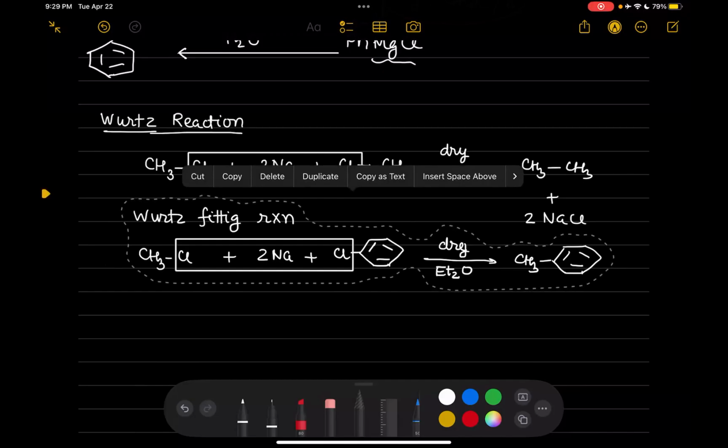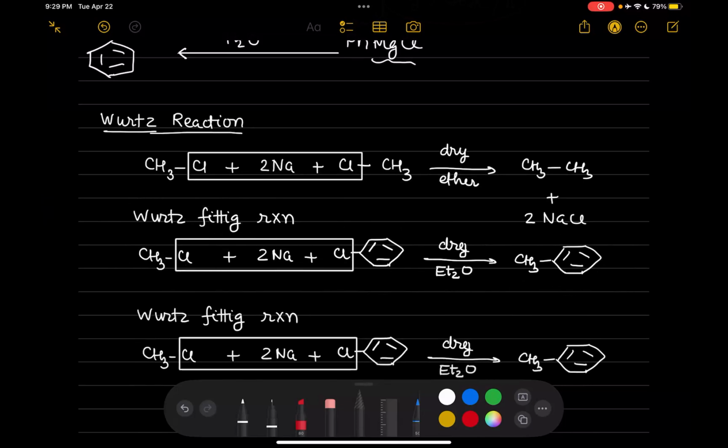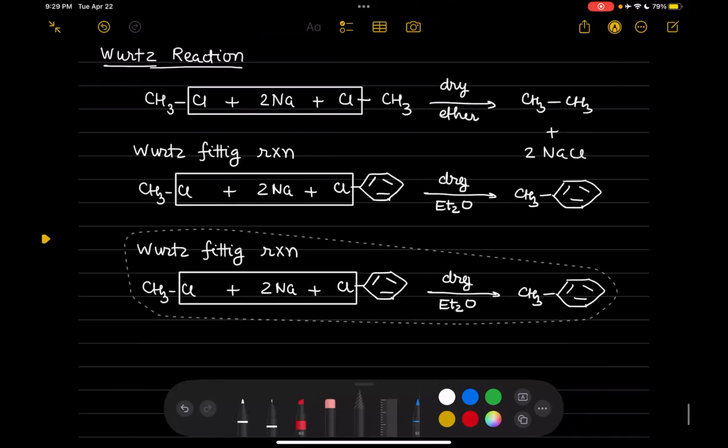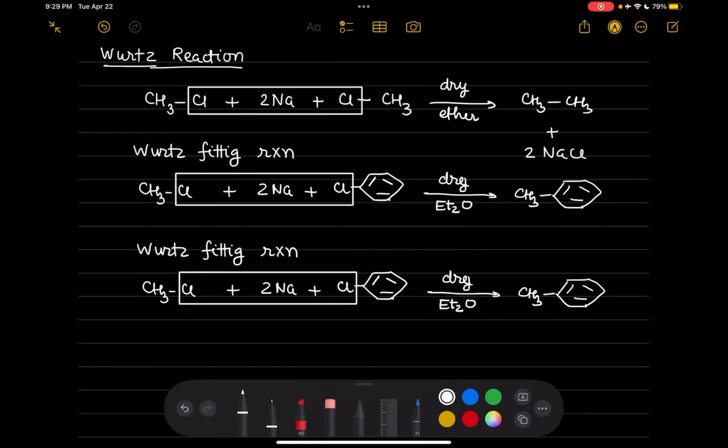Got it? And suppose you take both rings to be benzene rings, then it is not called Wurtz reaction, though it looks very similar to Wurtz. It is called Fittig reaction. Fittig reaction is between two aromatic halides, the same as Wurtz reaction, but between two aryl halides. So you are going to get a biphenyl.